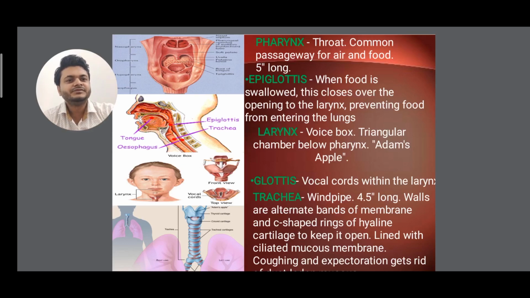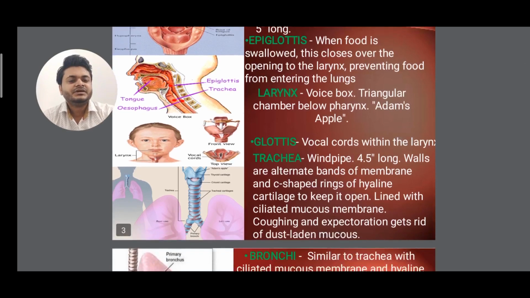Next, trachea. See, windpipe, 4.5 long. Clear? It has alternate bands of membrane and C-shaped rings of hyaline cartilage to keep it open, lined with ciliated mucous membrane. Coughing and expectoration gets rid of dust and mucus.